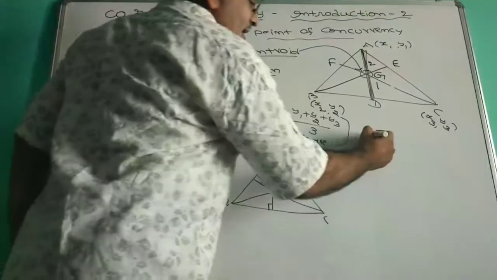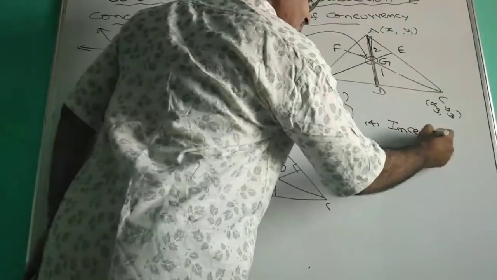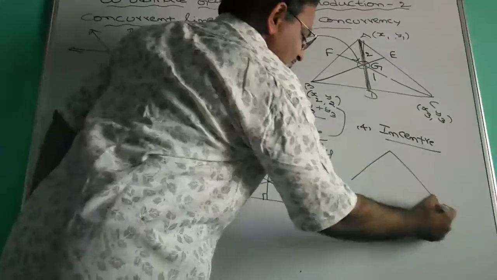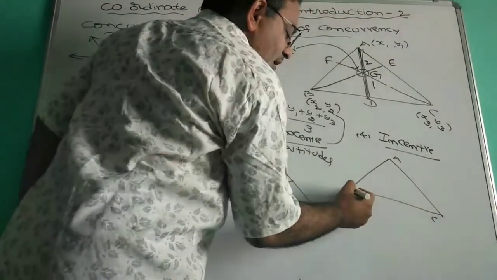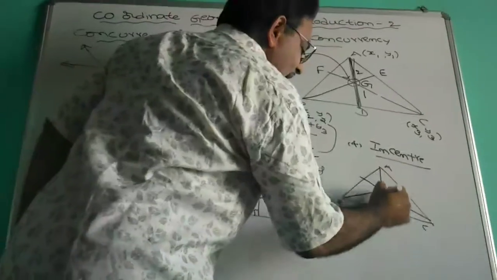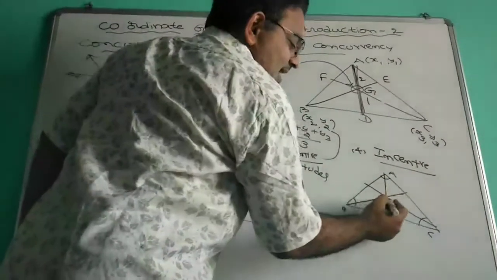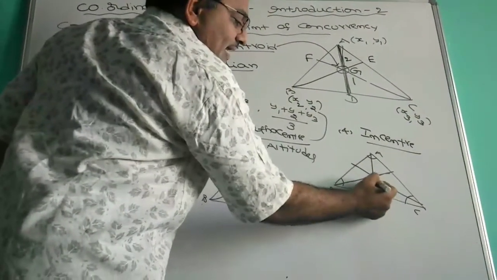Next, the last and final category. The fourth one is the incenter. In a triangle ABC, if you draw the angular bisectors, then the three lines pass through the same point. That point is called the incenter.